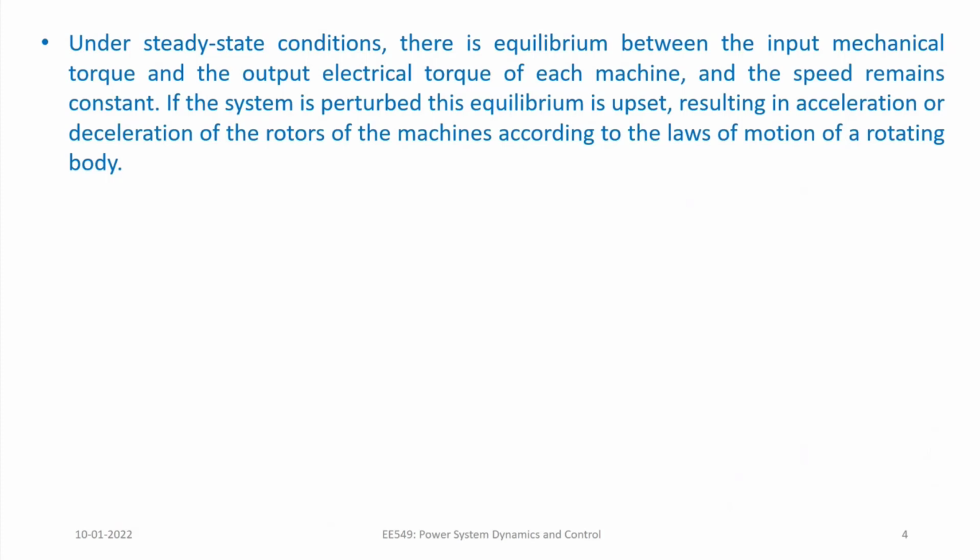Under steady state conditions, there is equilibrium between the input mechanical torque and the output electrical torque of each machine, and the speed remains constant. If the system is perturbed, this equilibrium is upset, resulting in acceleration or deceleration of the rotors of the machines according to the laws of motion of a rotating body.